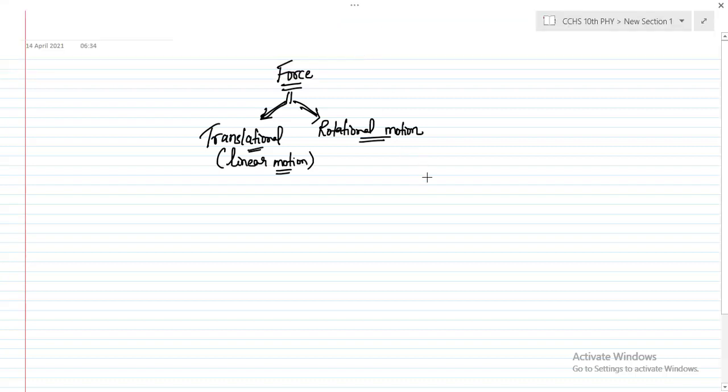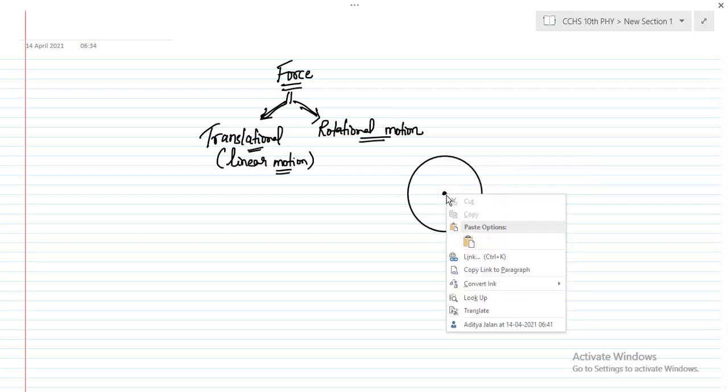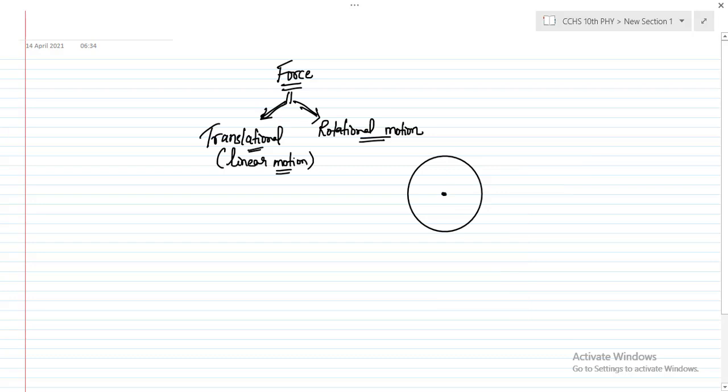Suppose this is a wheel or a circular cardboard, and that cardboard is pinned to the ground with the help of a pin. So when a force is applied on this circular body, the effect is rotation.